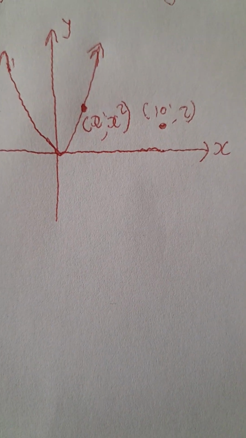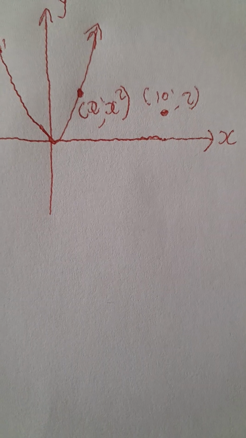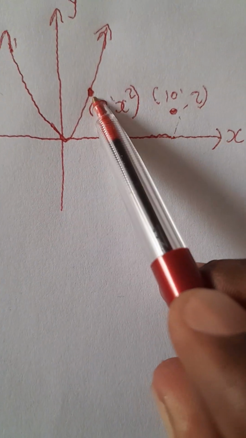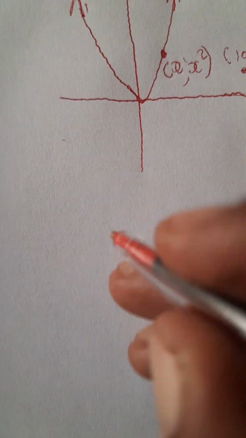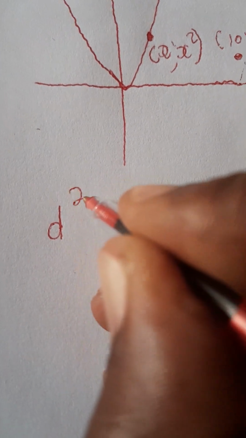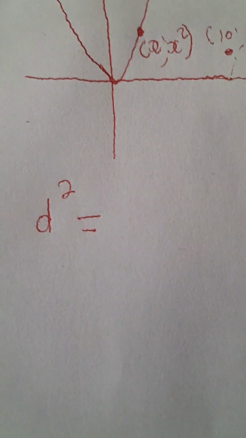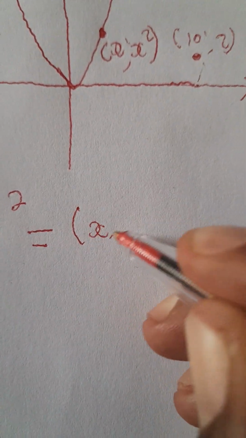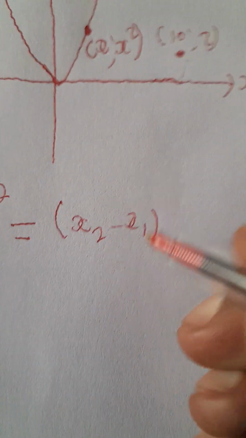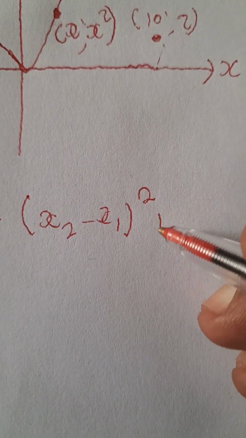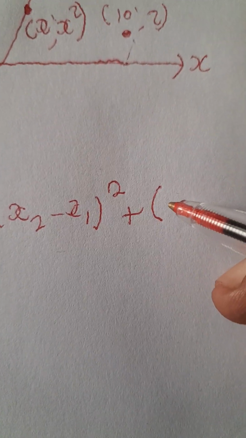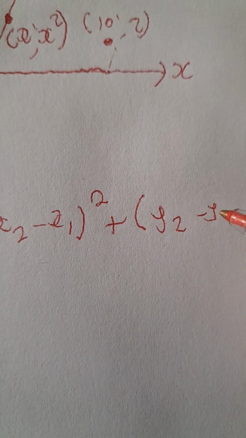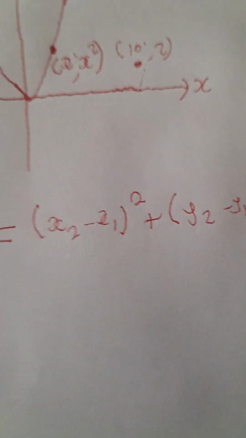So we need to find the minimum distance between this point and this point. What are we going to do? We are going to use the distance formula. It will be d squared equals (x2 minus x1) squared plus (y2 minus y1) squared.